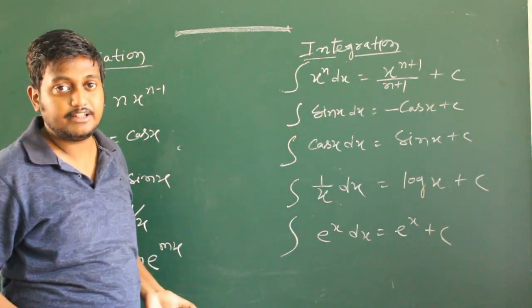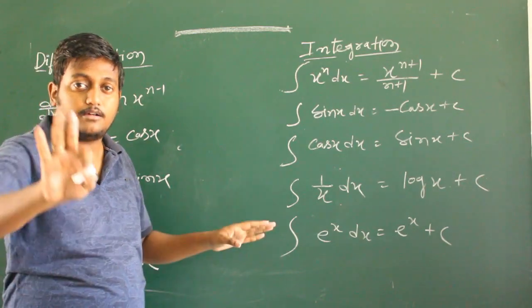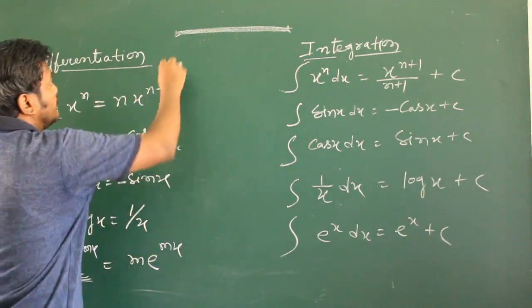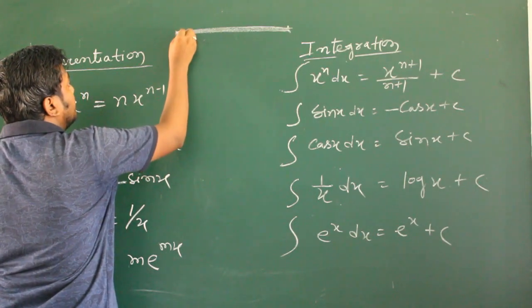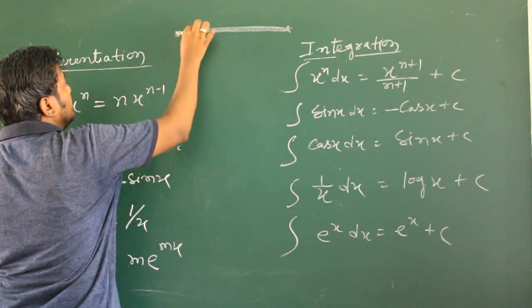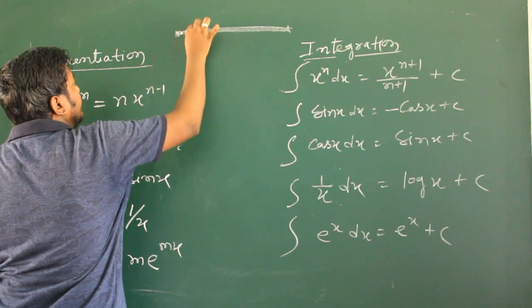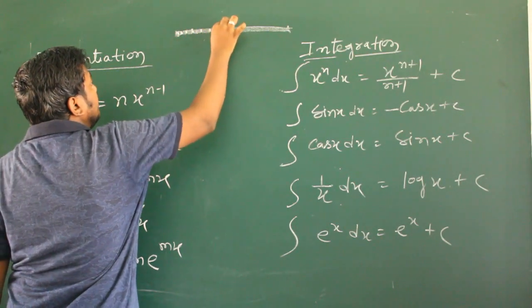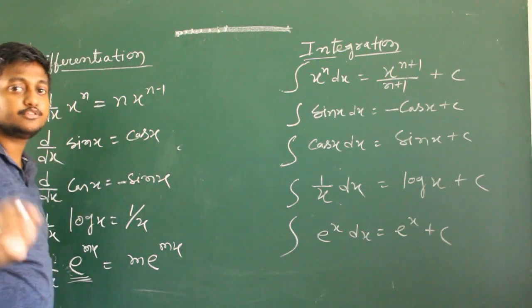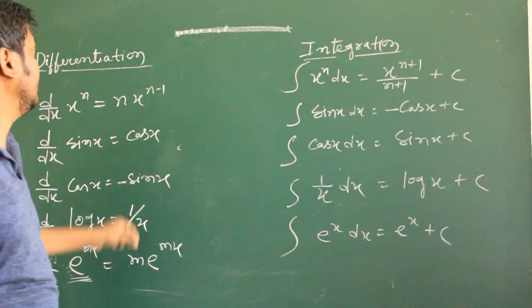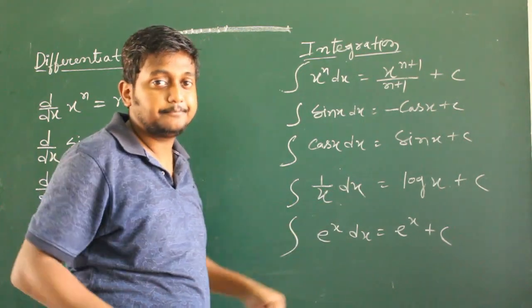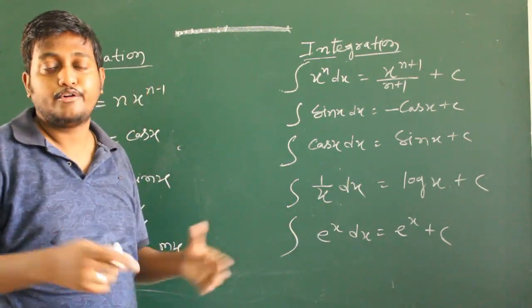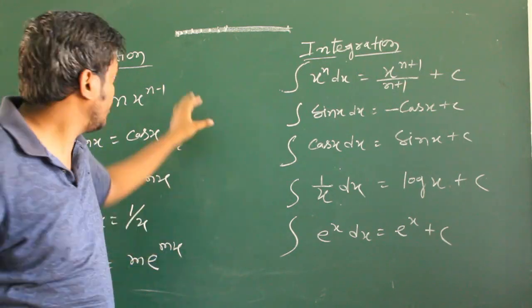Suppose you don't have a scale, then what will you do? We consider that this rod consists of small parts. If you sum the small parts, then you will get the total length of this rod.